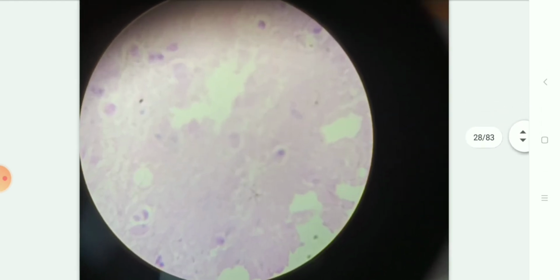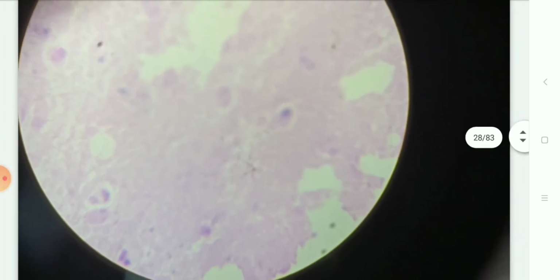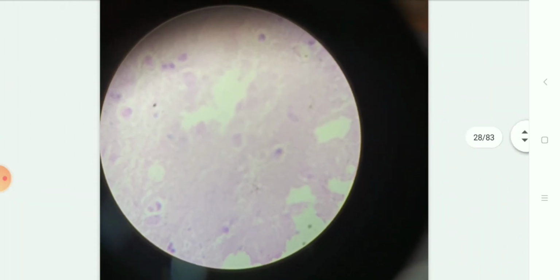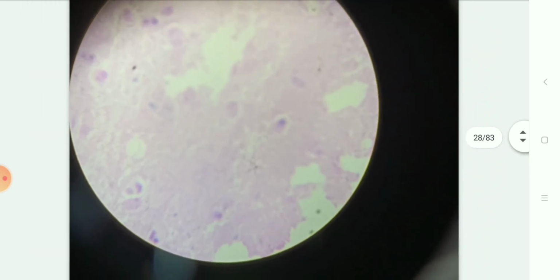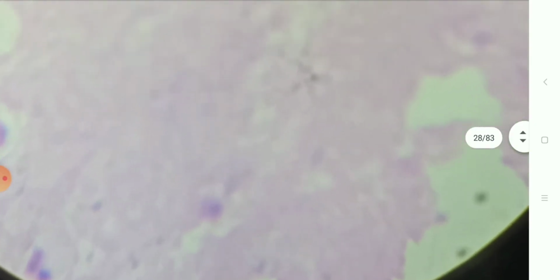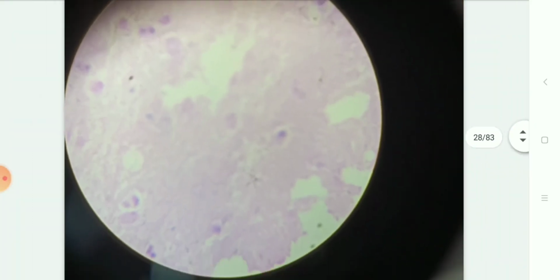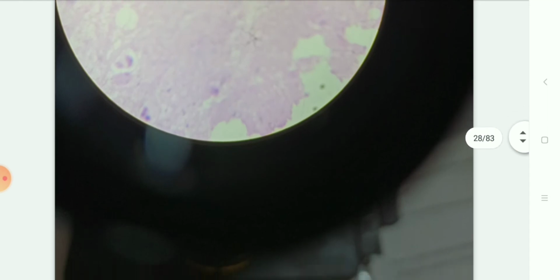Okay. And the next slide is not clear, but it is a Gram stain showing Gram positive cocci arranged in clusters and pairs with numerous pus cells. So it is Staphylococcus.